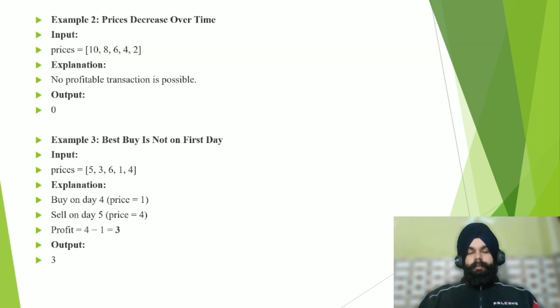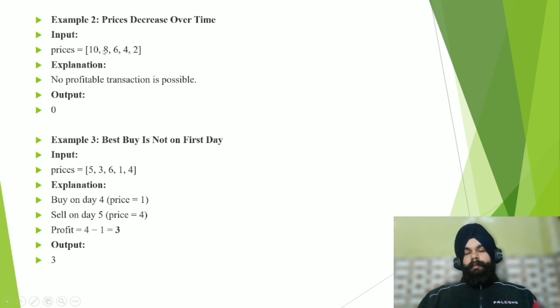So let's go to another example. In example 2, prices decrease over time, or you can say we have an array of prices in descending order. At first day it's 10, at second it's 8, at third 6, at fourth 4, and at fifth 2. So no profitable transaction is possible.